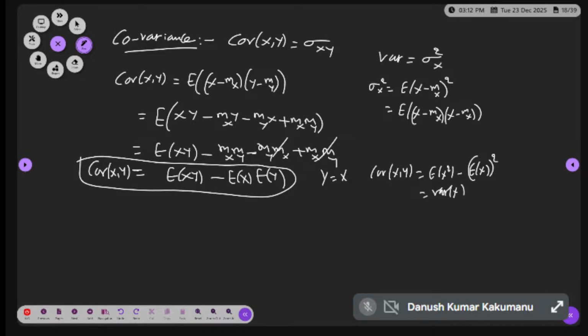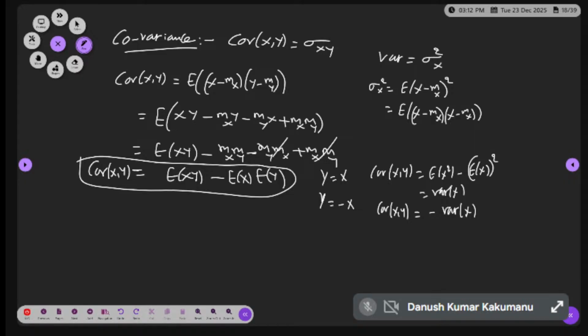If you put y equal to x, covariance is the variance. Yes or no? If you put y equal to minus x, covariance of x comma y becomes minus variance of x. You are all understanding?